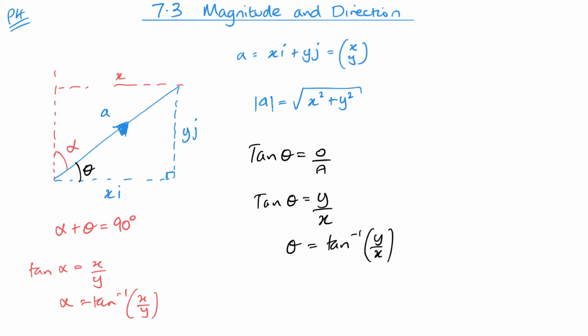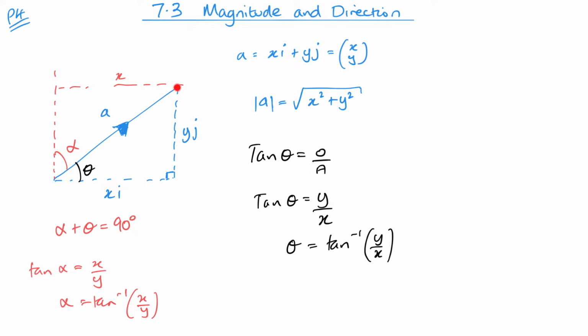And then finally, we're often asked to find a unit vector. So we looked at unit vectors in terms of i and j previously, one unit this way, one unit this way. But if I have a diagonal line, it doesn't quite work that way. So if I have a diagonal line, then I would have to divide by the modulus to get this as a unit of one length.